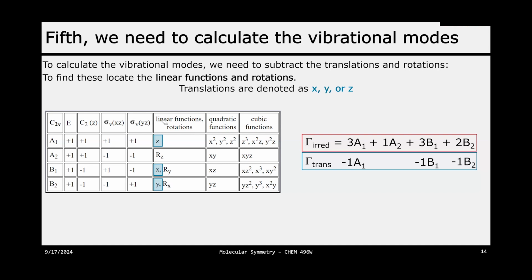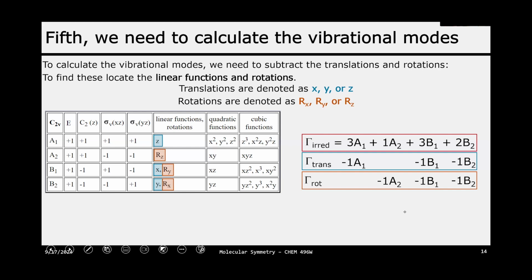They have R's in front of them. There are RX, RY, and RZ. I know, we're so creative. Rotations are labeled with R. So similarly, we're going to find those in our table and subtract them. So our rotation modes are our A2, B1, and B2.